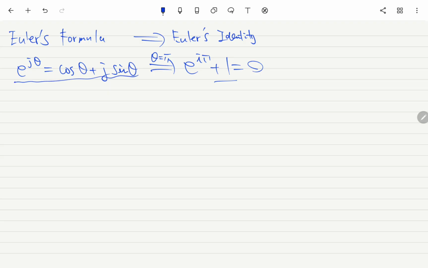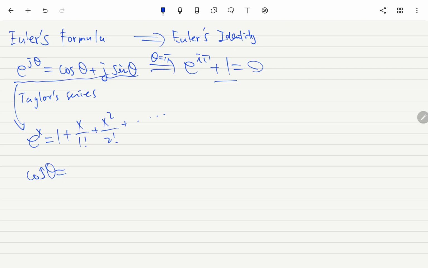For a not so rigorous proof, you can use the Taylor series expansion, or the Maclaurin series expansion, depending on how you call it. Exponential to x is 1 plus x over 1 factorial plus x squared over 2 factorial plus, up to infinity. This is the Taylor series of the exponential function.